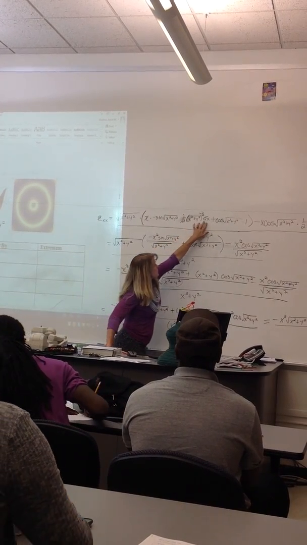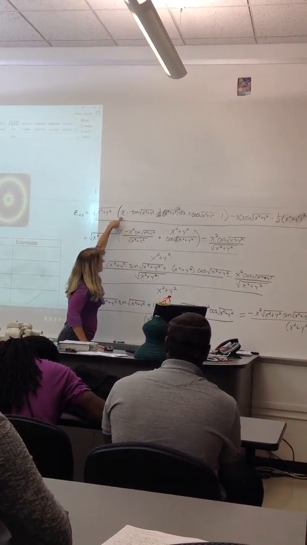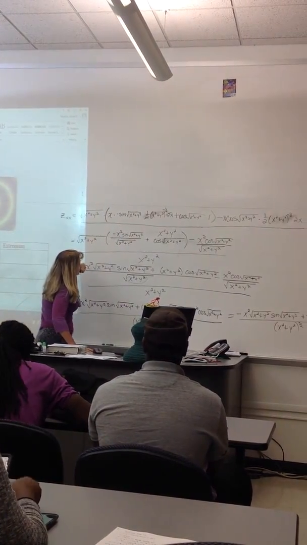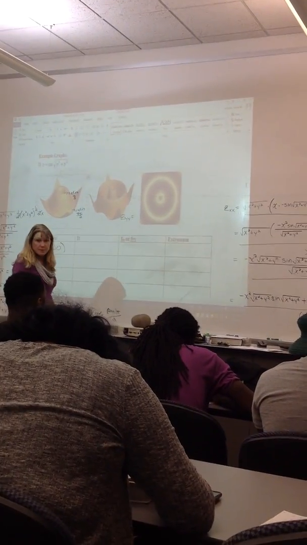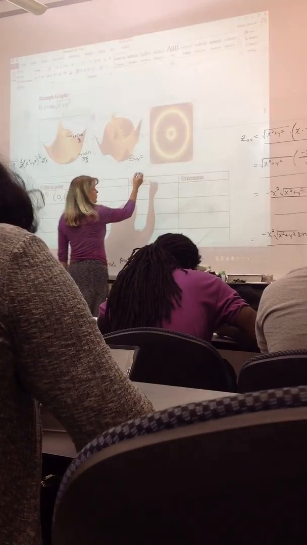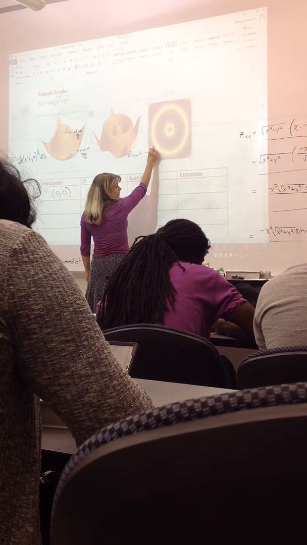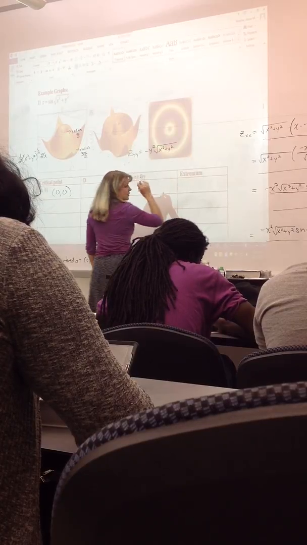So this would be 2y, this would be a y. It all works out the same way. I know it should all work out the same way, so we should end up with minus y squared, but we'll double check it.